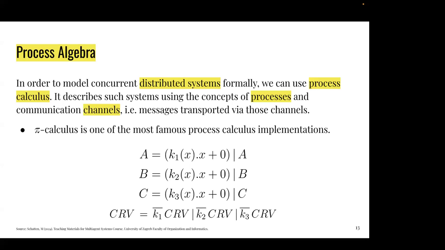In the first three examples, we have agents which have names A, B, and C, and they are connected to channels K1, K2, and K3, receiving some piece of data, and then taking a specific role, and then acting as themselves.